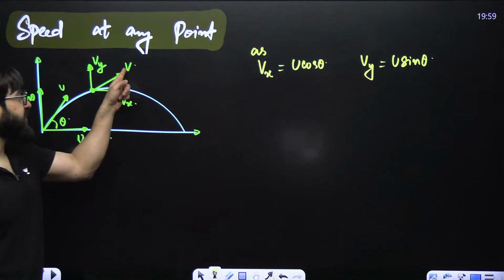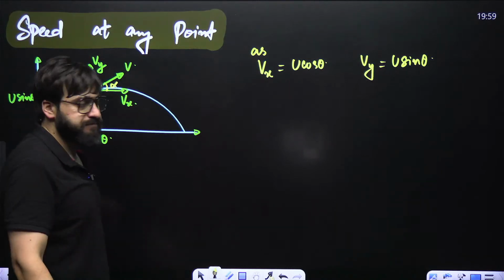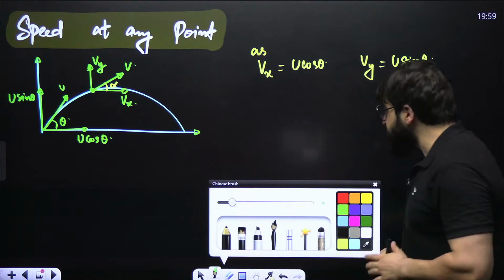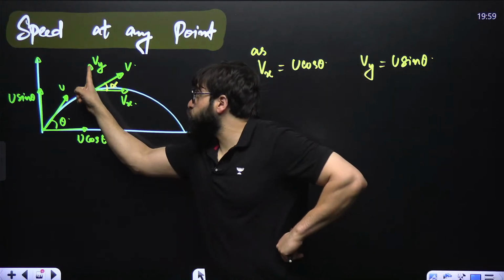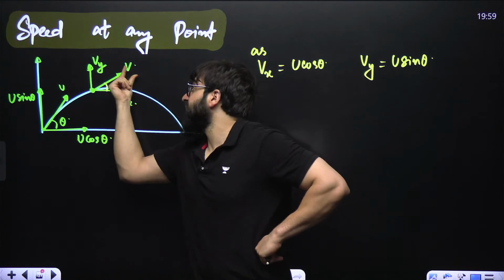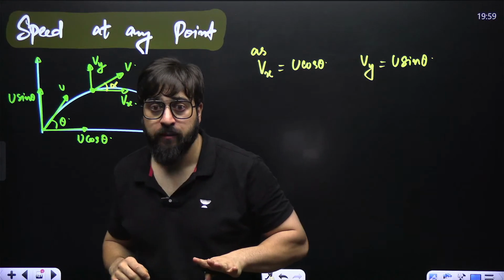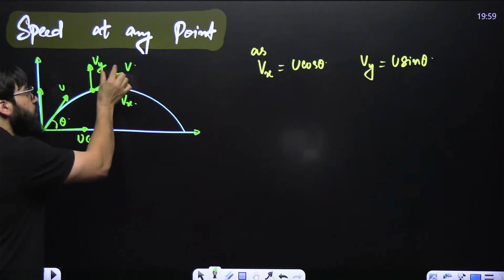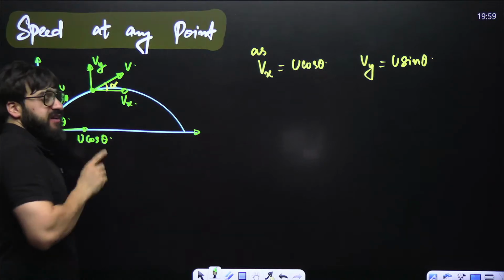Now we have to find this velocity. And let's suppose this angle over here is alpha. Guys, see, can I say in this particular case, if we find the resultant of Vx and Vy, that will be V. Or you can understand it something like this also. If you resolve V in two components, it will be Vx and Vy.